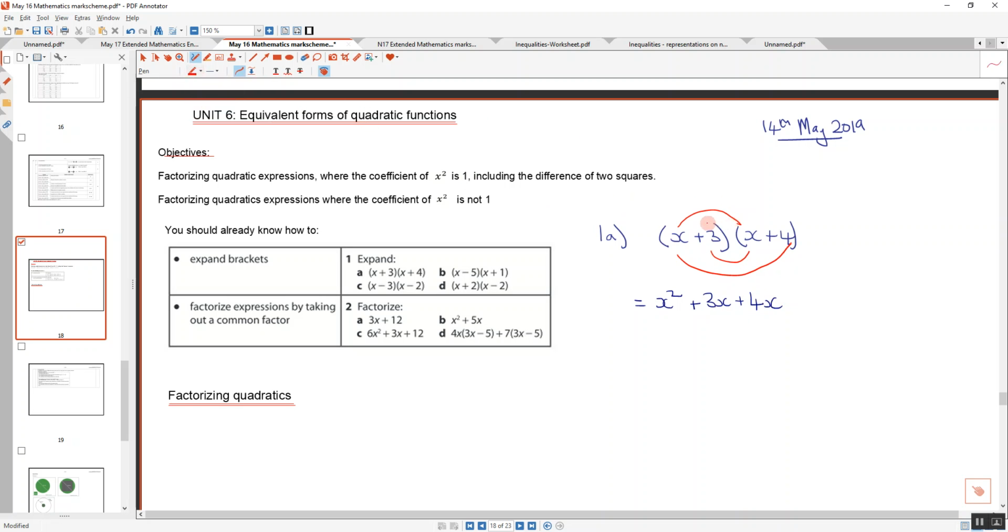And then the last one we have to do is this one times this one, which is 3 times 4. And we can see that this makes a nice little smiley face.